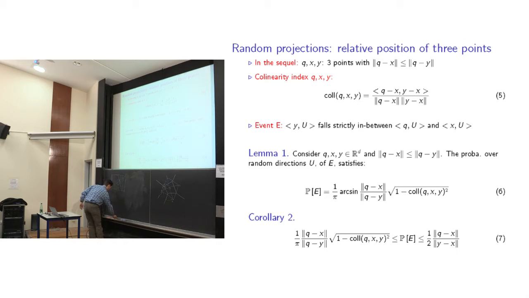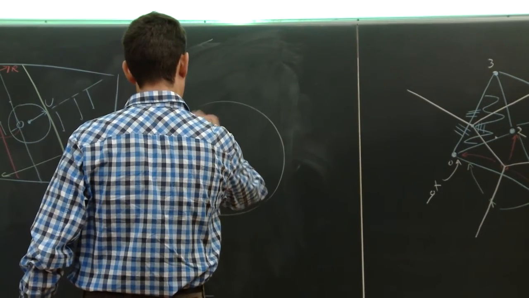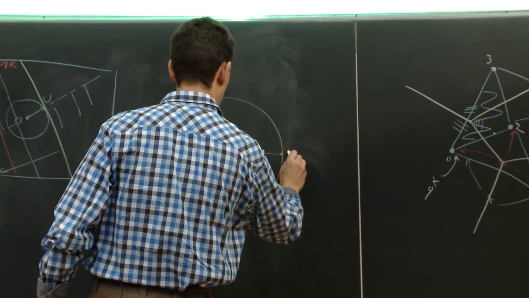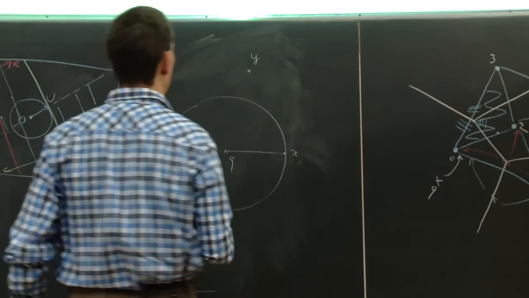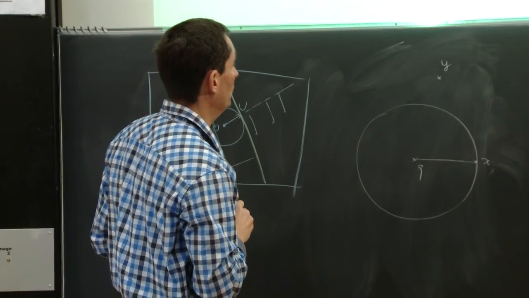Q, X, and Y. This is going to be Q, this is going to be X, and this is going to be Y. So we assume that the distance between Q and X is less than the distance between Q and Y.